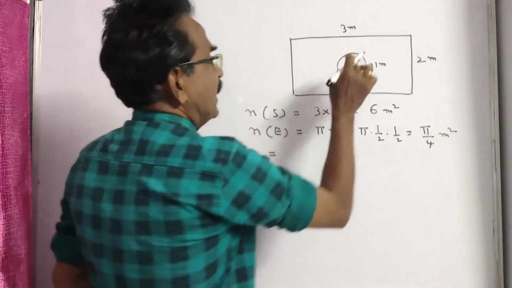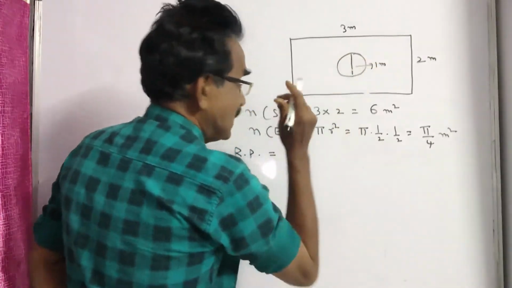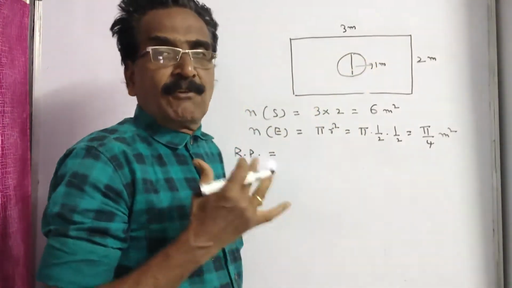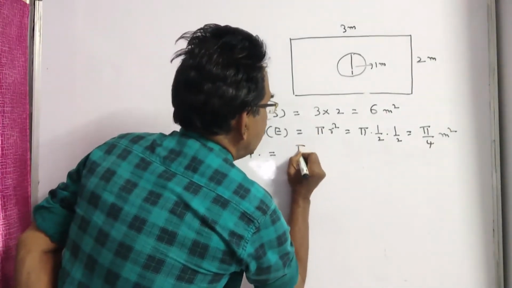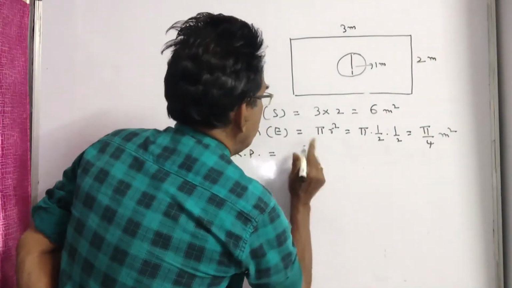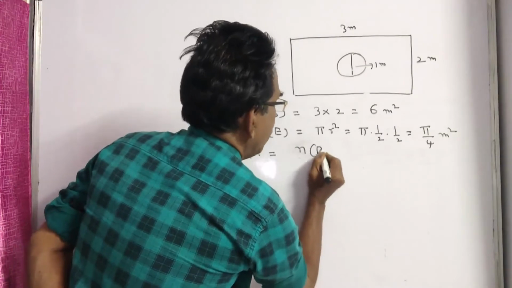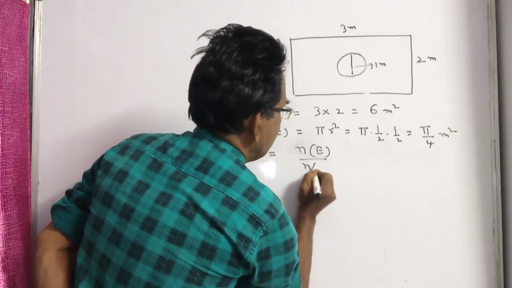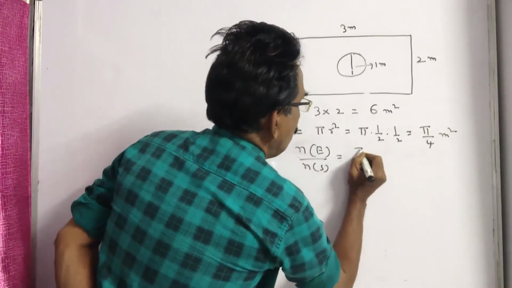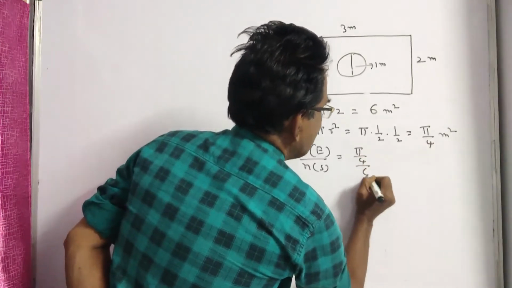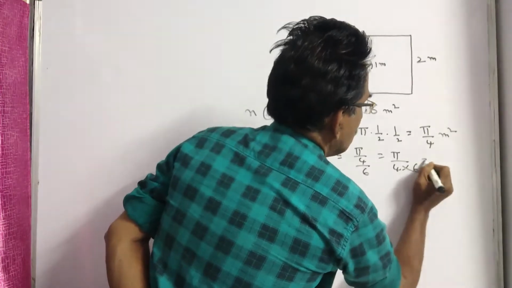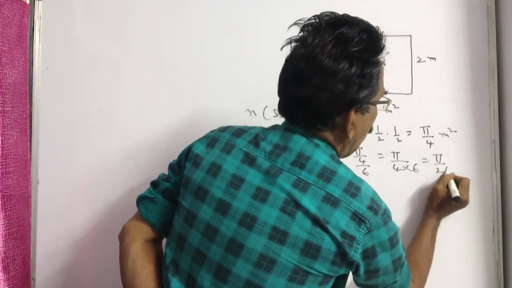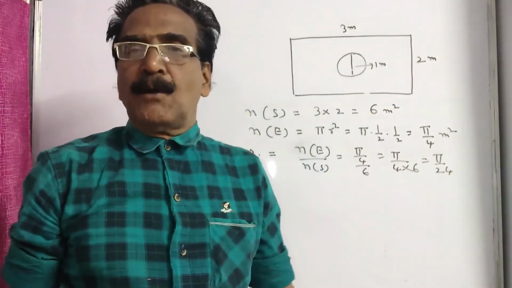That the die will land inside the circle is our favorable outcome, that is the area of the circle. So n of E by n of S is equal to pi by 4 by 6, that is equal to pi by 4 into 6, that is pi by 24. This is the required probability, friends.